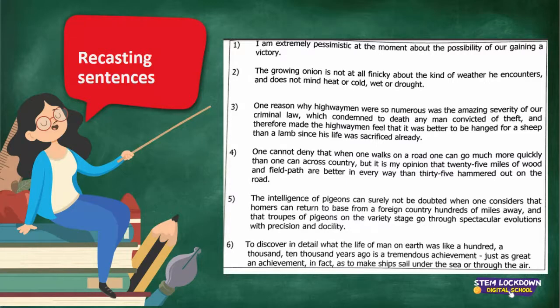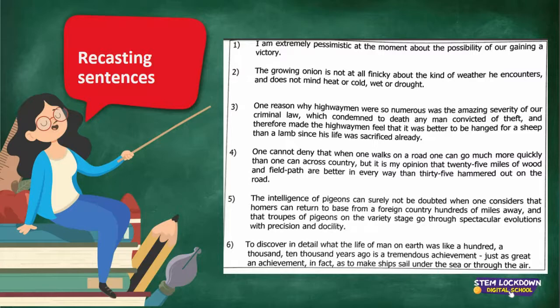Number 1 reads, "I'm extremely pessimistic at the moment about the possibility of our gaining a victory." This could be the Soweto Derby. Then you go back and think: there is the word extremely pessimistic, and you know already this person is not seeing himself or his team making it.